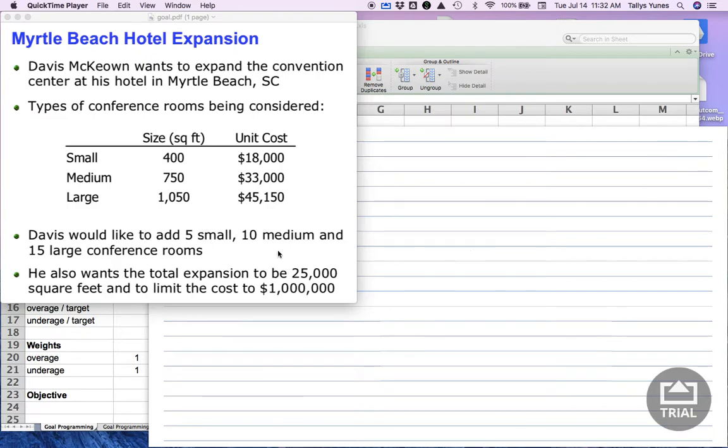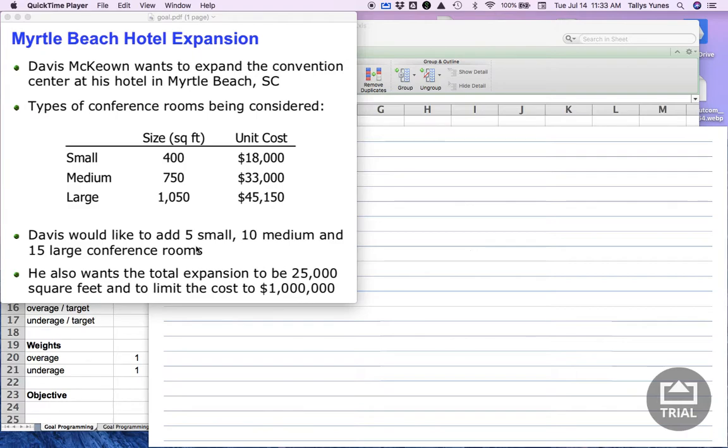Now we're going to assume that all of these are flexible requirements. Ideally the person would like to achieve all of these goals, but if it is necessary to deviate from them, as long as it's not too much, the person would be fine with that kind of answer.